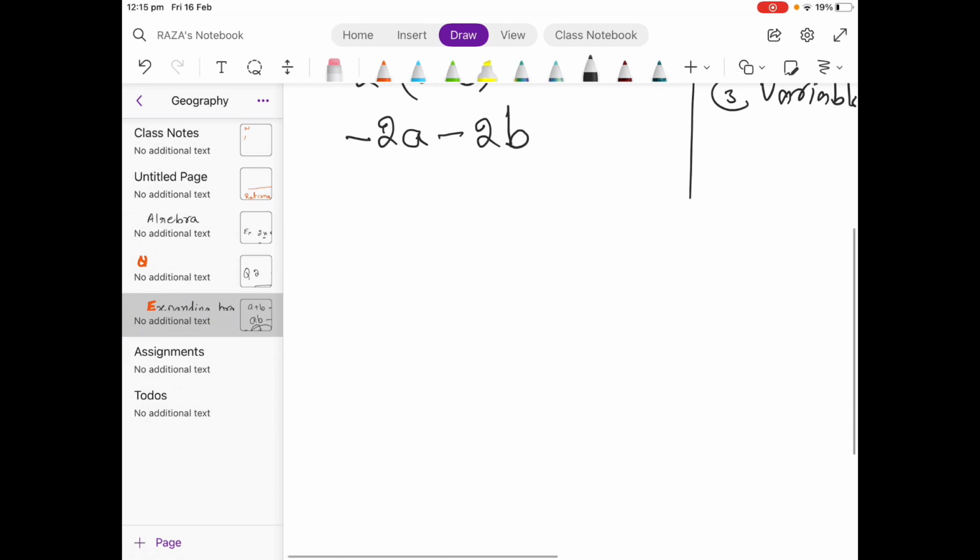If we have another example, we'll discuss it. If I have negative 3 outside, inside we have 2a minus b, for example. Now in this example, we will first apply the sign inside the bracket. Negative with the positive of 2.